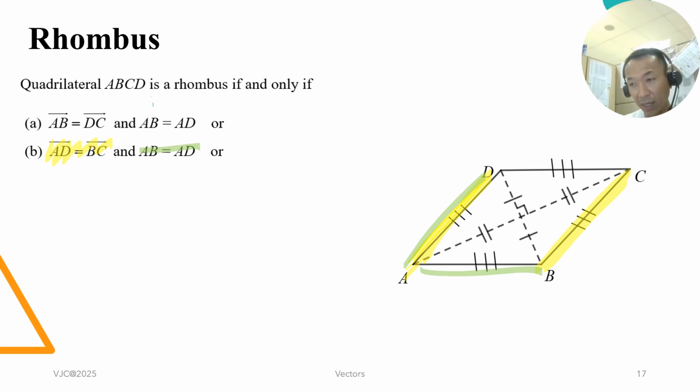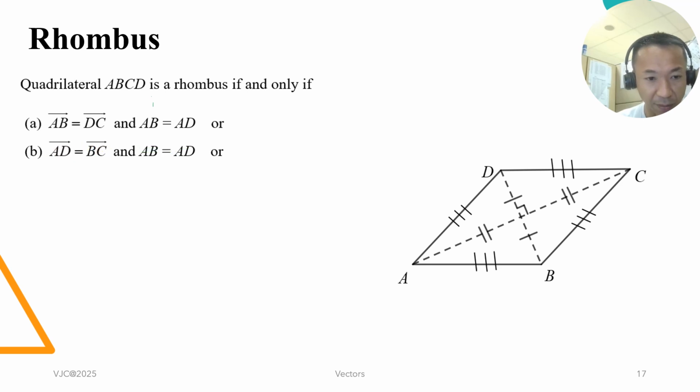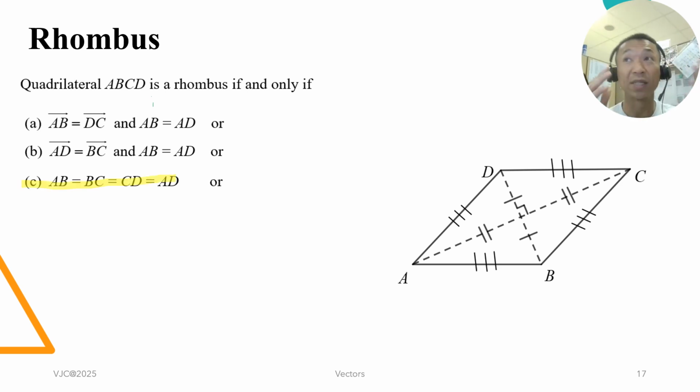It's actually the same idea. Of course, the most clear-cut one that is easiest to prove a rhombus is to say all four sides are the same length. You don't think it's just a square, all right? Of course, a square has all four sides equal, but a rhombus also has four sides equal. If you prove all four sides are equal, you're actually proving it is a rhombus, not necessarily a square.